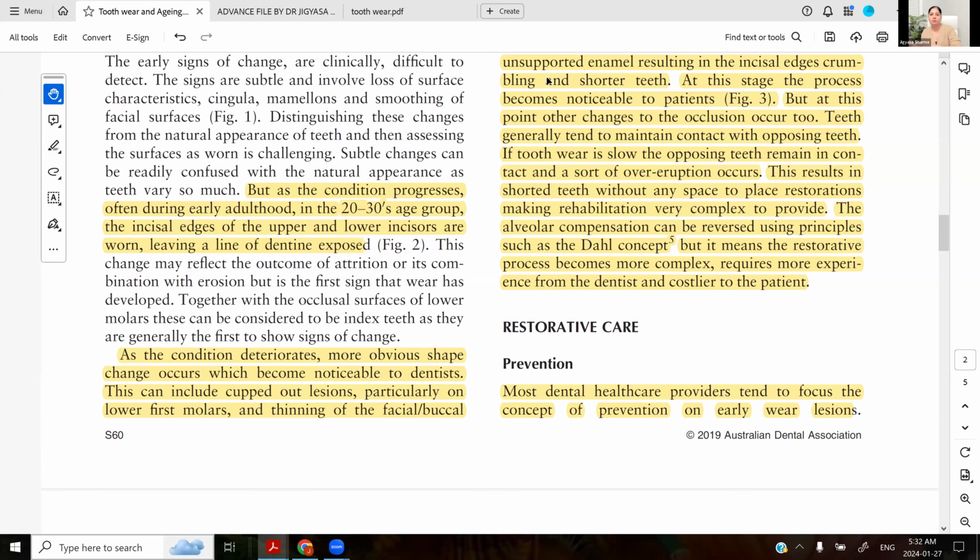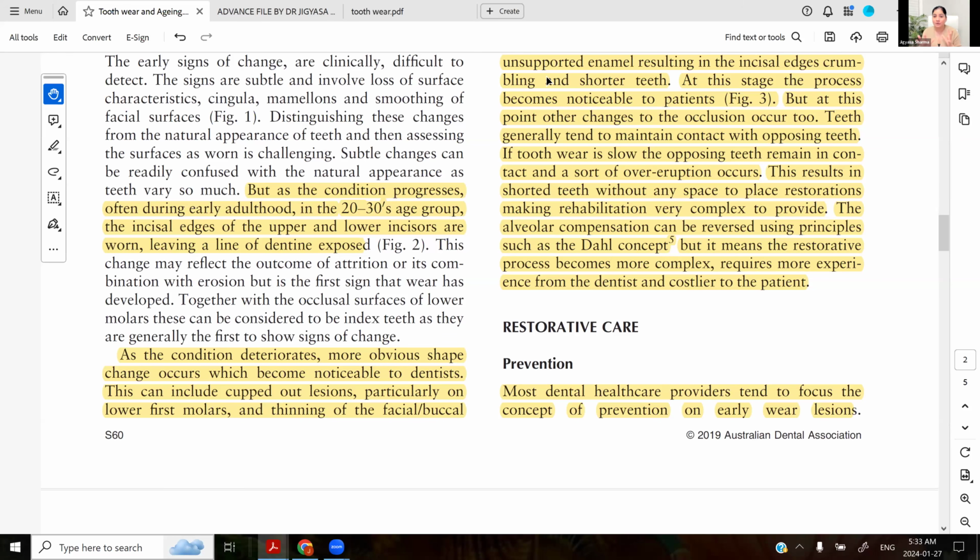You don't have to do intrusions. You might need certain extrusion, in fact, to gain the clinical crown height, and the crowns can simply be built up with the rest height. But the drawback of rapid erosion is that it's mostly very severe, and the pulp is also close. Makes sense for everyone so far?